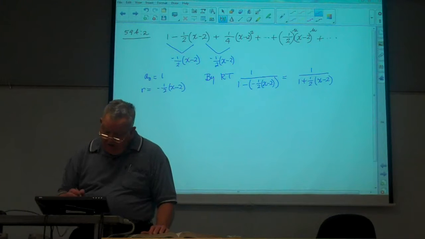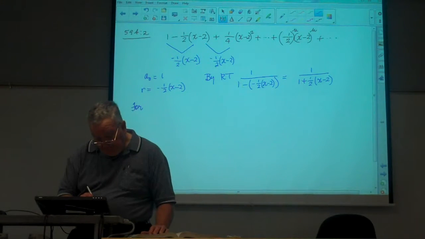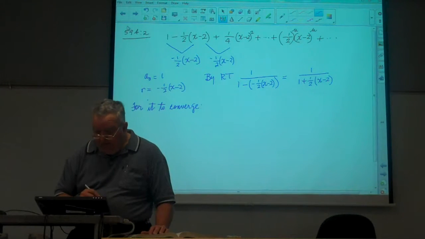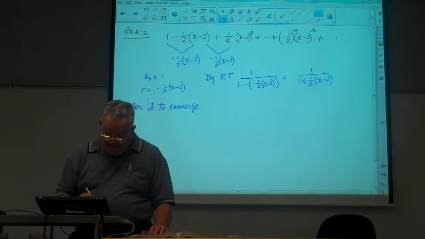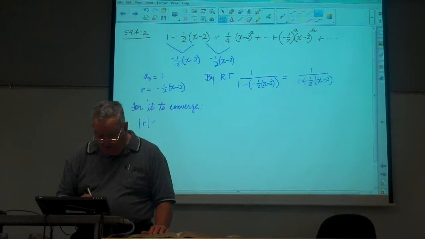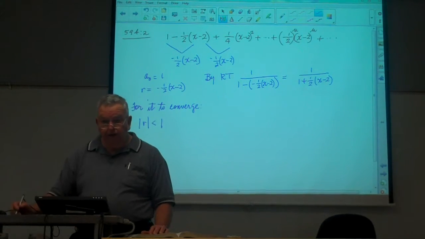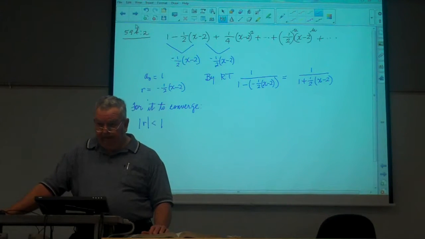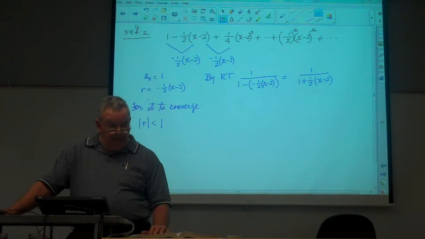But for it to converge, I have to have the absolute value of R less than 1. I remind you again of the ratio test, right? Isn't that it?